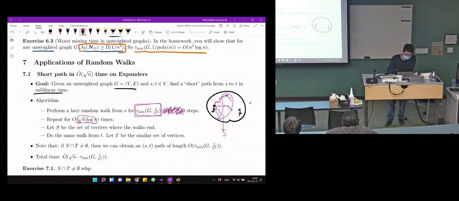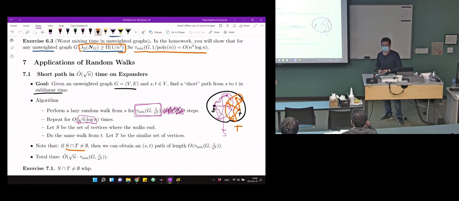And now I do the same process from T. Maybe U1, U2, U3, and call this set T. If S and T are not disjoint, then we can extract a short path from it.